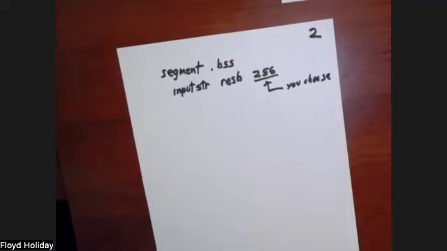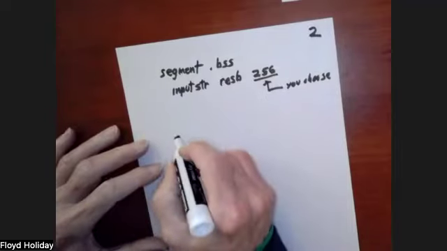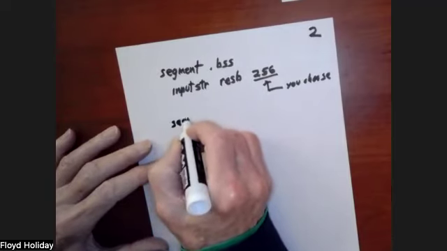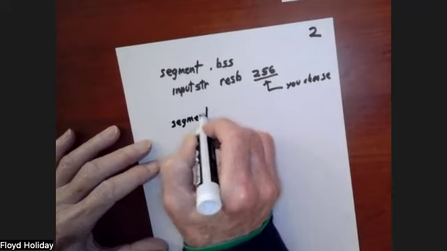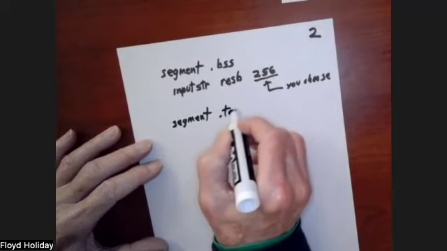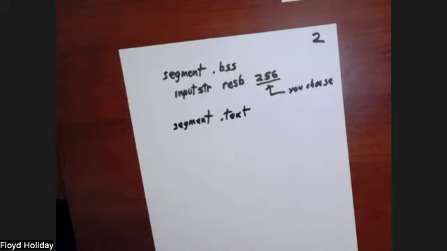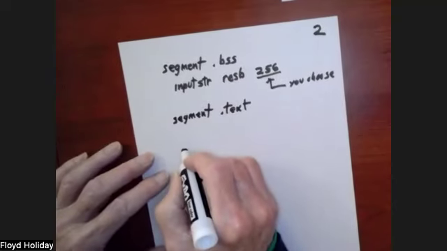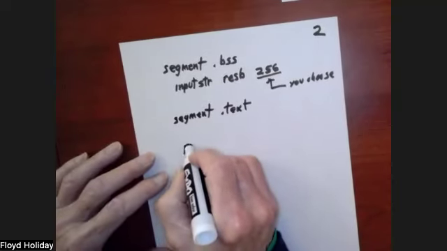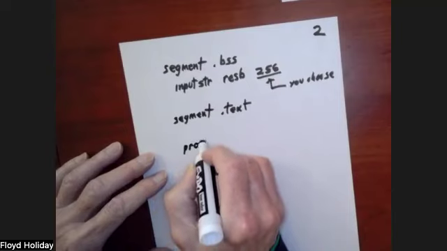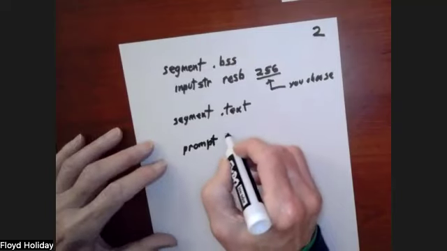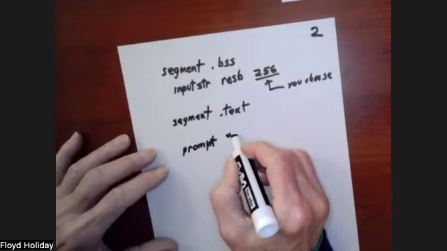Next, we drop down into segment text. And then further down in here, where there's a prompt for input, PROMPT. This is not code. This is just to show what would happen here.